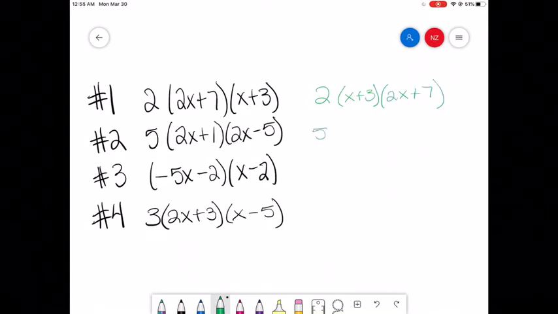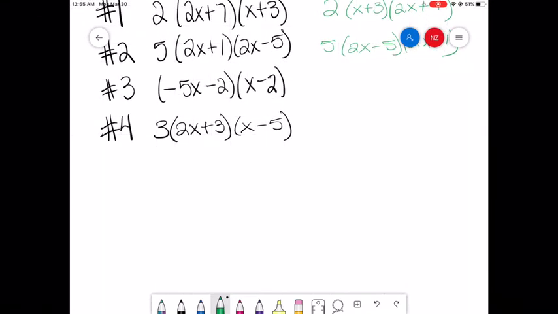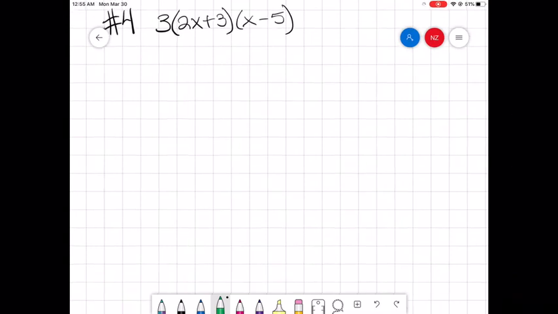Or in this example, you have 5, and then I would write 2x minus 5 and 2x plus 1. Depending how you wrote your factors, whichever one came first, that's how your answers show up, but it means the same thing. They can be flip-flopped, all right? So here we go. Proceed with me if you need to check your work. Feel free to fast forward if you only need to check one, and then join me at the end here.